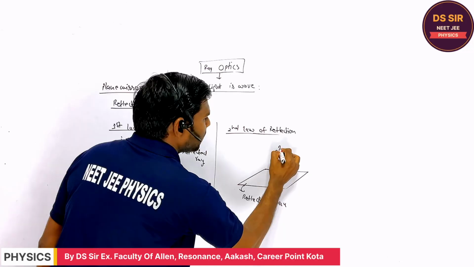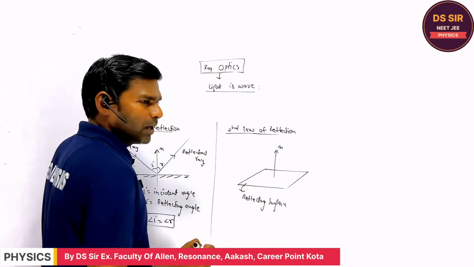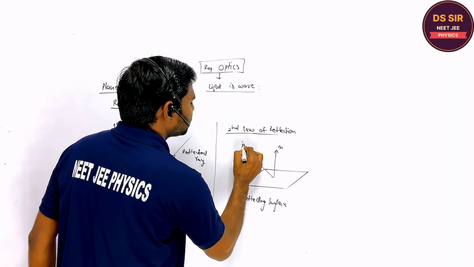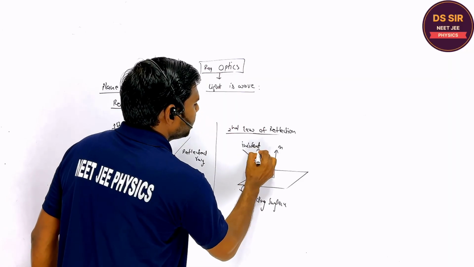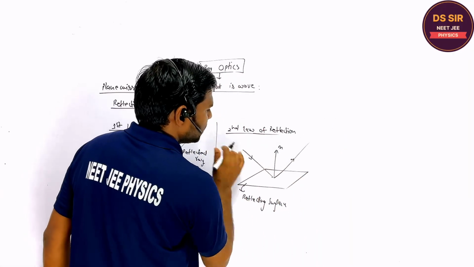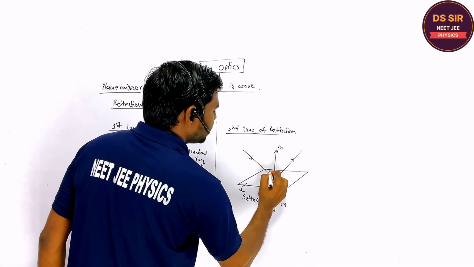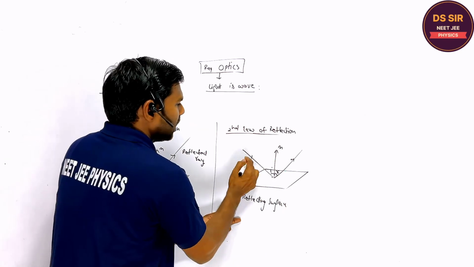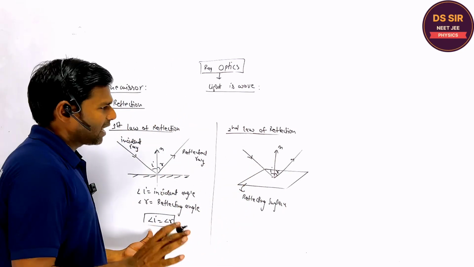Suppose this is the normal to the reflecting surface. This is the incident ray, and this is the reflected ray, right? This angle is I, this angle is R. According to the first law, the angles I and R are always equal.